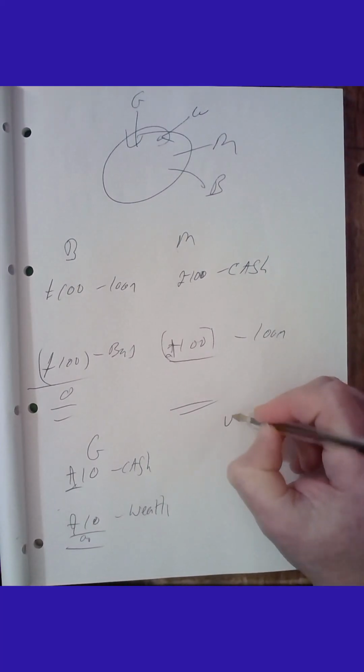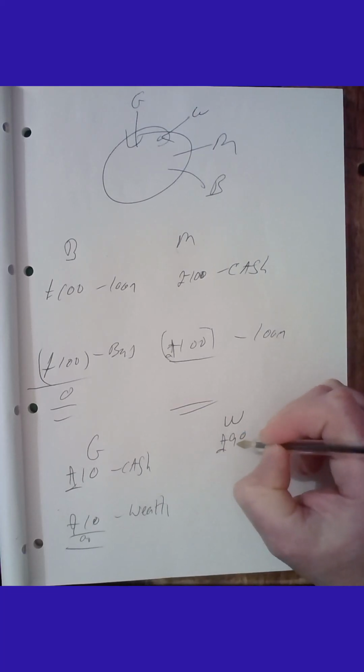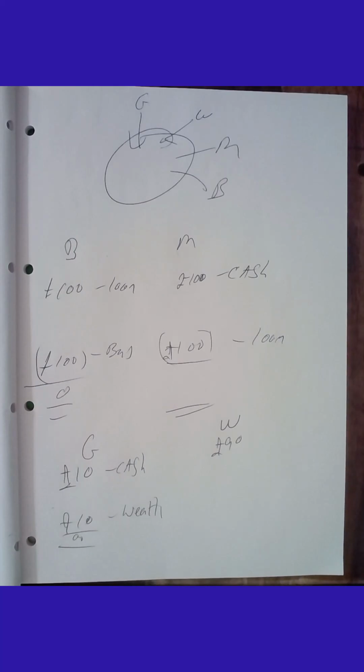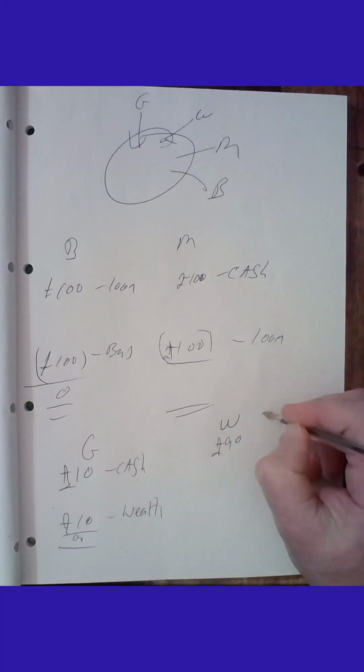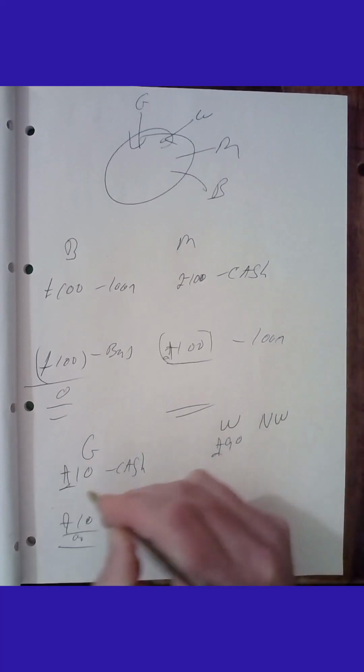The workers initially have £90 because they're being taxed by the damn government. But if the government then takes that £10 cash and, I don't know, spends it on soldiers on defence spending, or pays disabled people or pensioners, or takes the tax money that comes in on an in-and-out basis, then remember I'll call these non-workers, NW for non-workers, and the non-workers will be given that £10 cash.